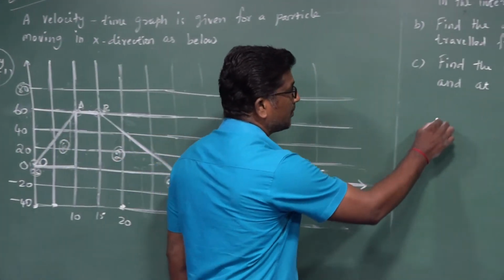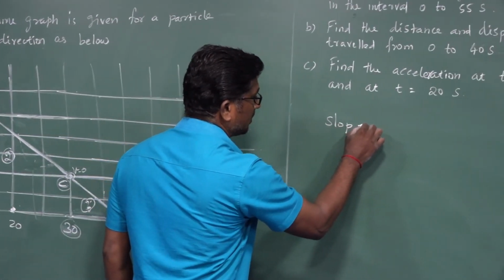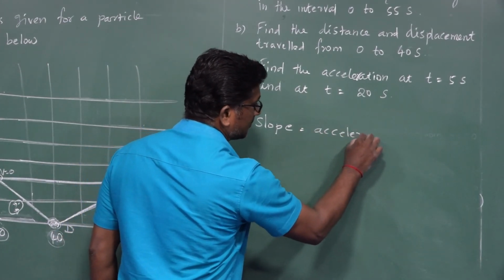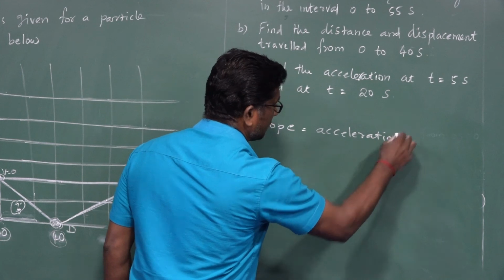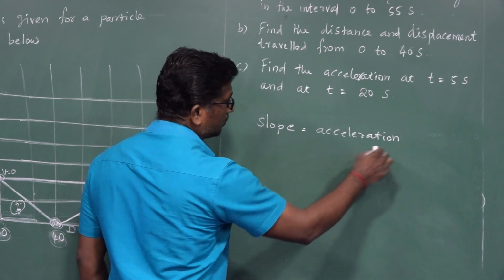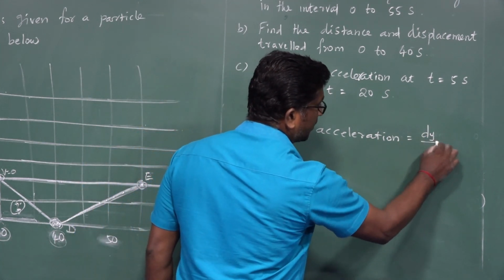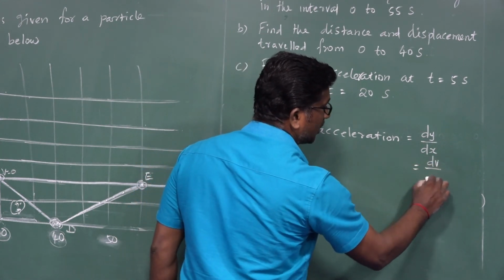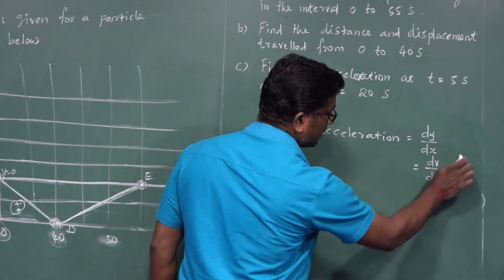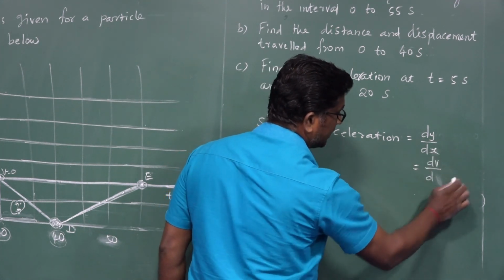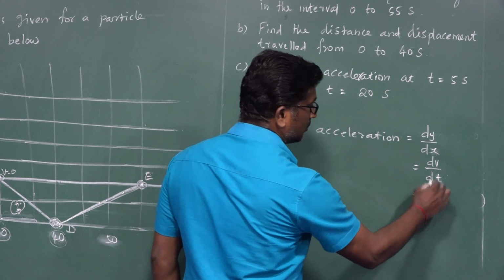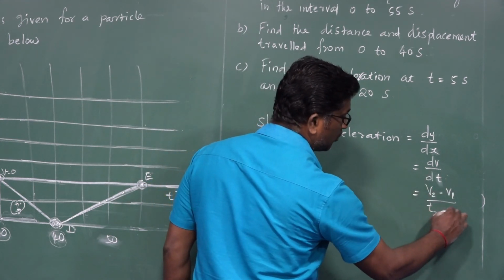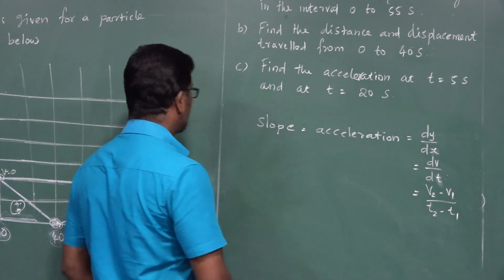So slope is equal to acceleration experienced by the particle, right? Slope equal to dy divided by dx, or dv divided by dt. So dv or v2 minus v1, dt or t2 minus t1, right?